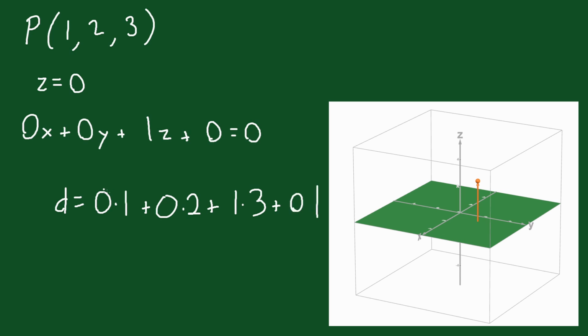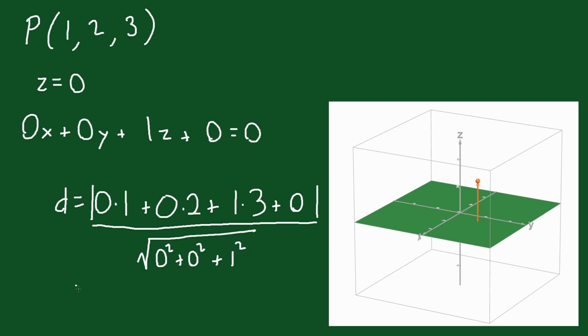You take the absolute value of all that, and you divide it by the square root of a squared plus b squared plus c squared. 0 squared plus 0 squared plus 1 squared. If you do all this work, on the top here, you should get a value of just 3. On the bottom, you get a value of just 1. 3 divided by 1 is 3. So the distance is equal to 3.